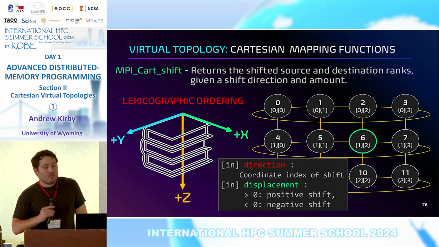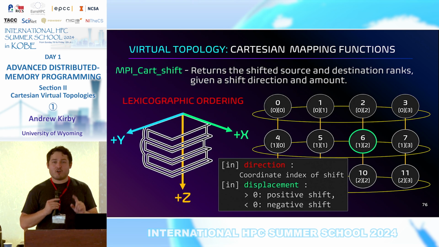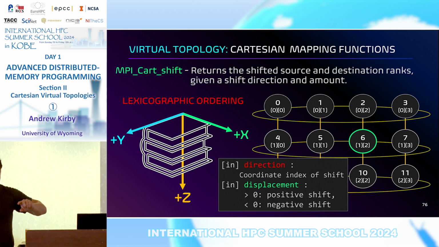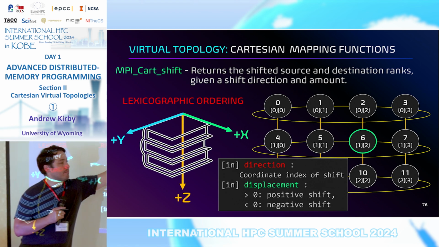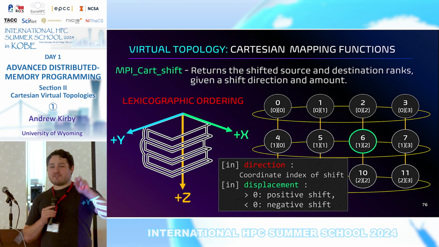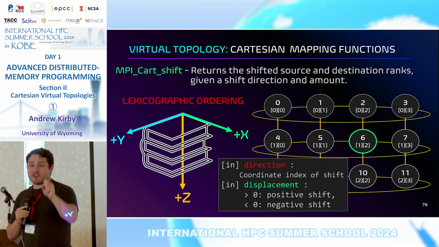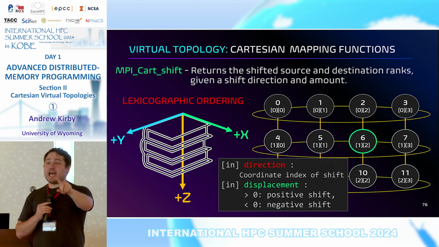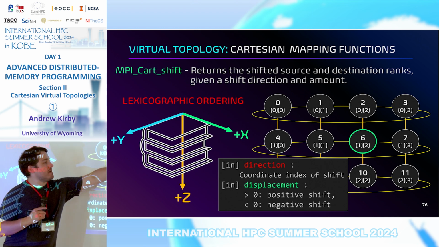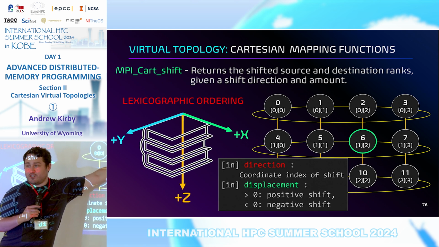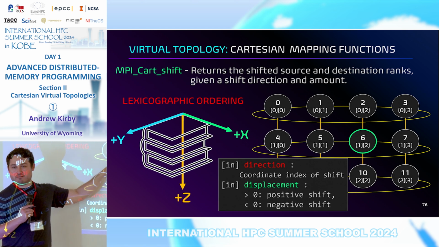Okay, now there's something last year I totally screwed up on this, okay? If I am on this grid, let's start with x. X direction +1, right? So I will send to 2, and I'll receive from 0, right?